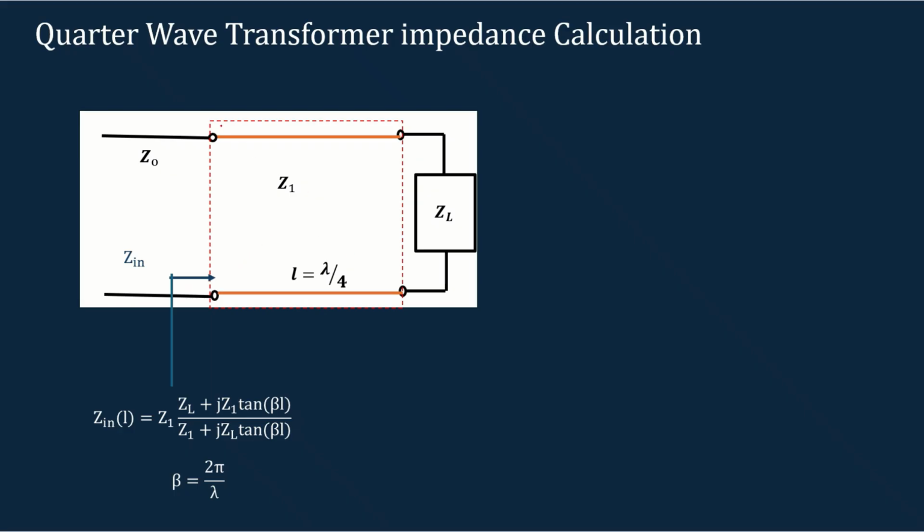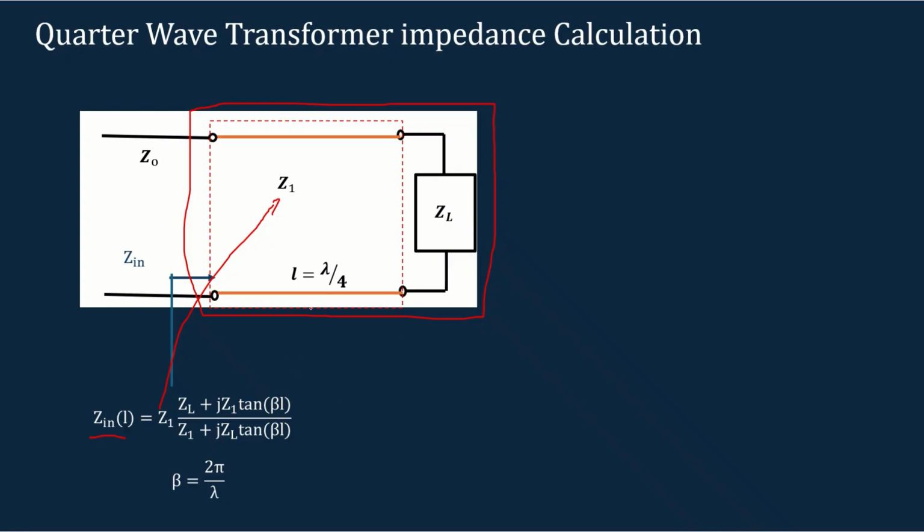If we consider the load impedance and the quarter wave transformer, the input impedance of this entire system can be given by Zin of L equal to Z1 times ZL plus jZ1 tan beta L, divided by Z1 plus jZL tan beta L, where Z1 is the characteristic impedance of the quarter wave transformer, ZL is the load impedance, and L is the length of the transmission line.